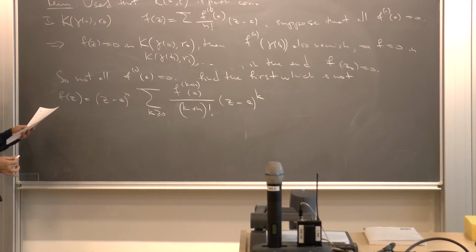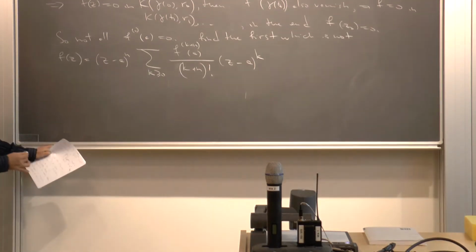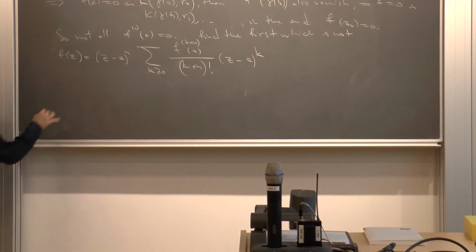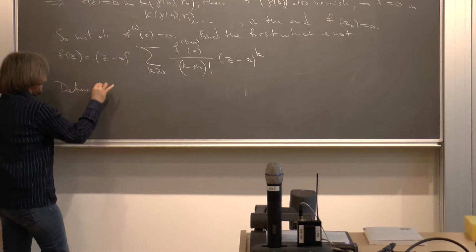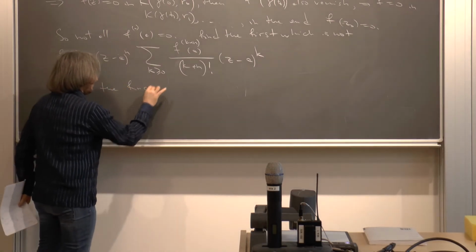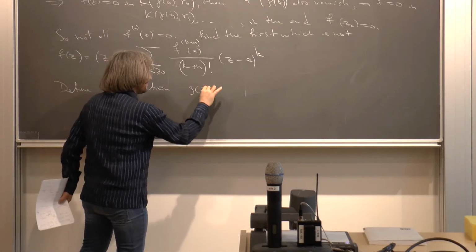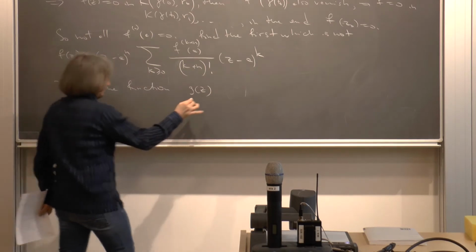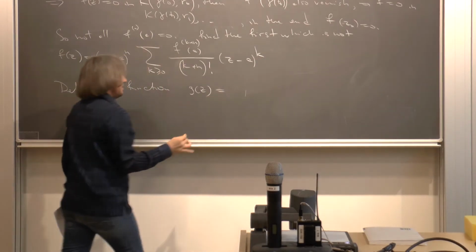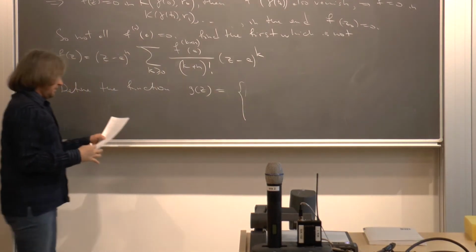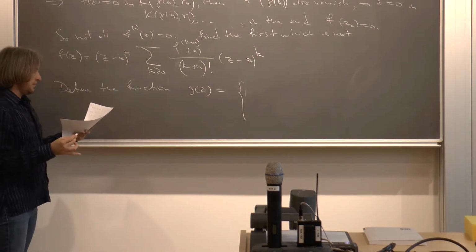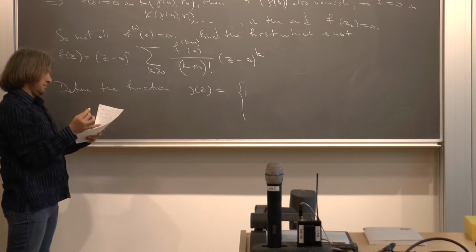So we can define the function g of z like this. Whenever I have the convergence, I can define it just by the sum.